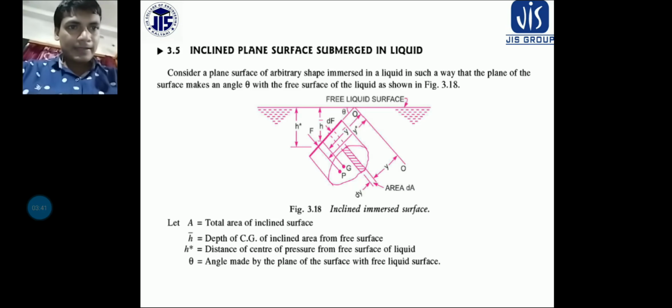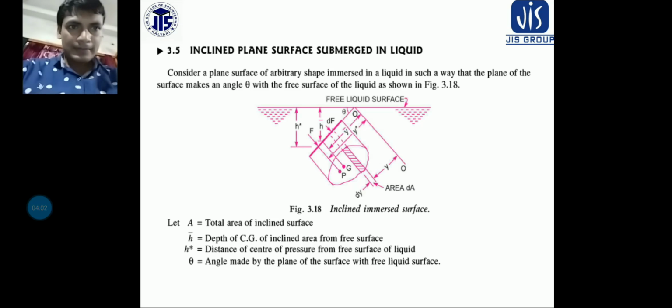With respect to that line OO we have taken a strip at a distance y, the center of gravity at a distance y bar, and the center of pressure at a distance y star.